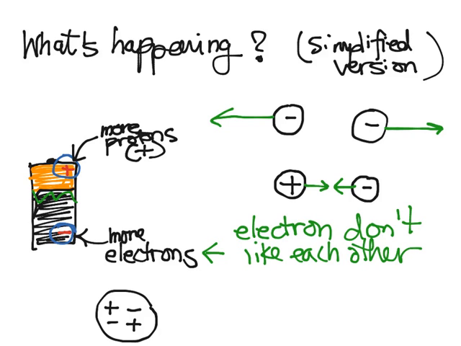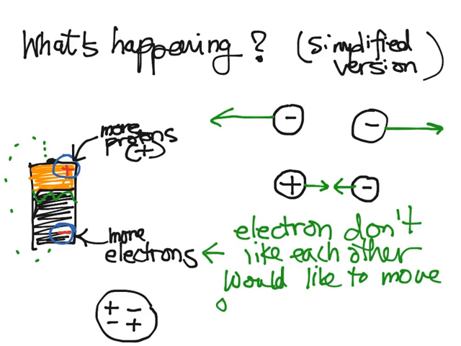And they would prefer to be able to move somehow over to the side where there are too many protons. So they don't like each other, and they would like to move over to the side that is positive.